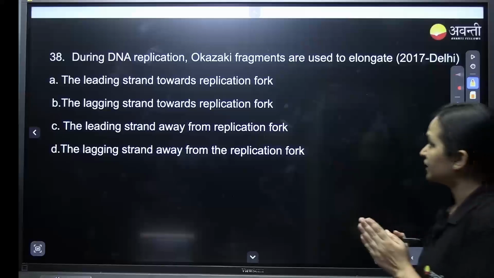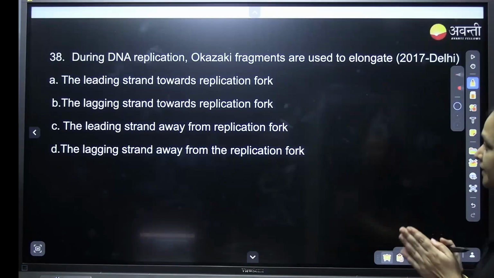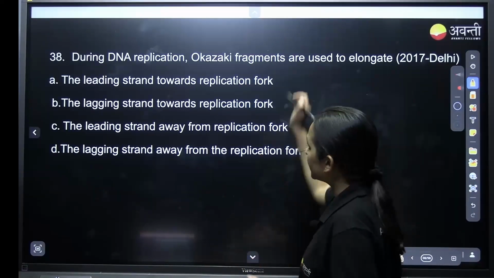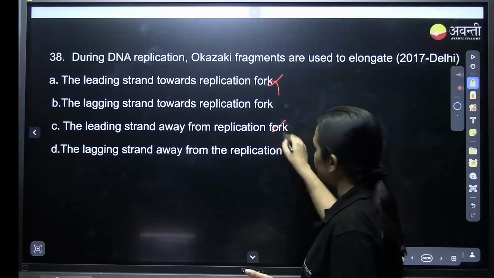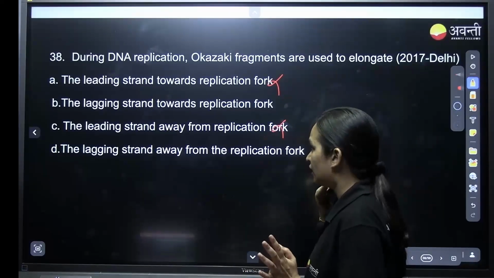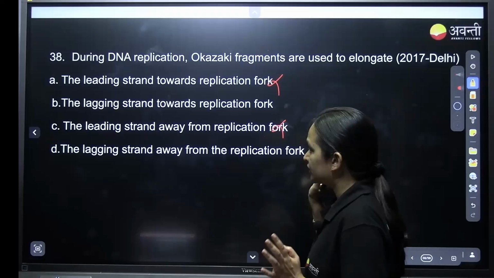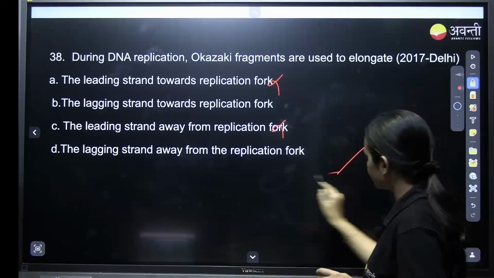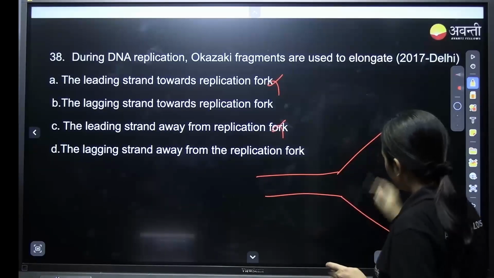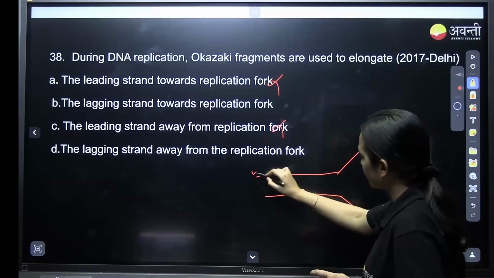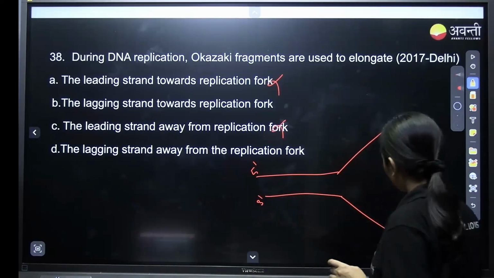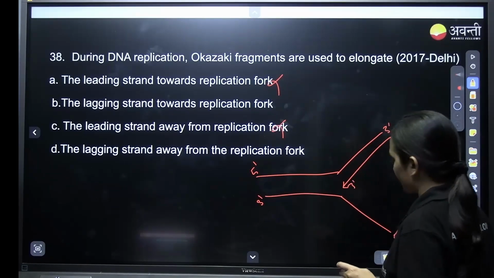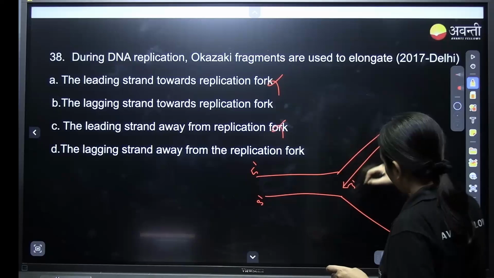During DNA replication, Okazaki fragments are used to elongate the lagging strand, so eliminate leading, leaving lagging. The lagging strand towards the replication fork, or the lagging strand away from the replication fork? Look, this is the replication fork. So if it is 3 prime to 5 prime, DNA replication is taking place from 5 prime to 3 prime. So okay, 5 prime to 3 prime.